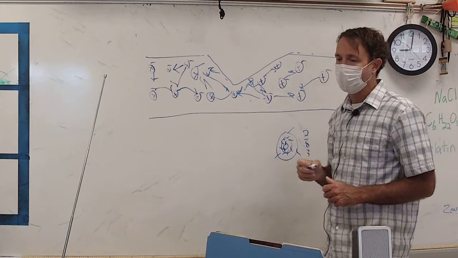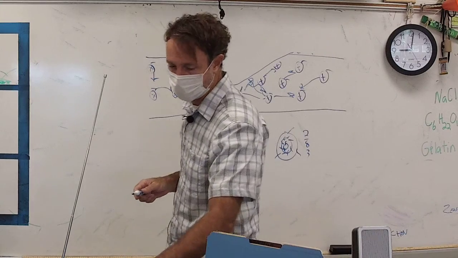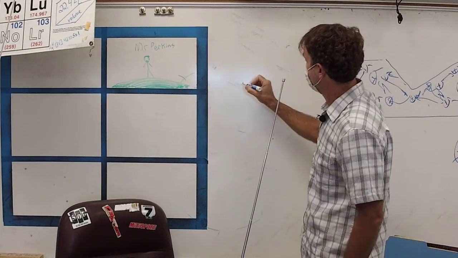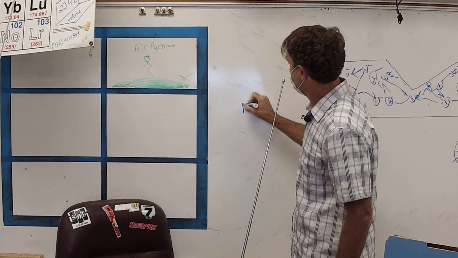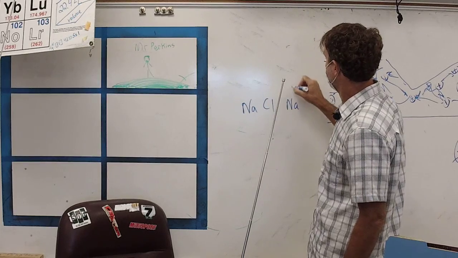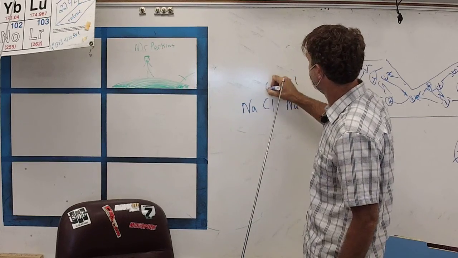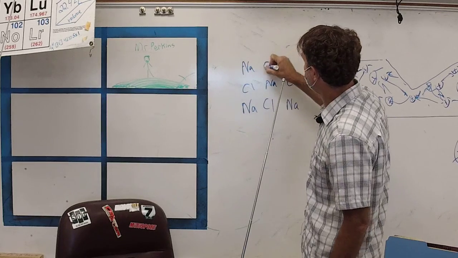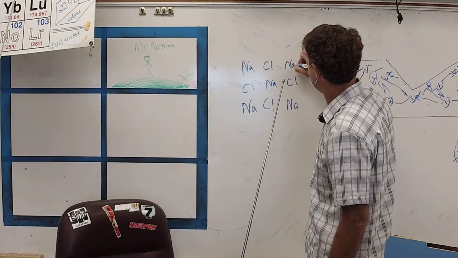Now, if we were talking about a more rigid structure, like, I don't know, this is probably a bad example, but let's say we had a cube of salt, right? Remember we talked about it being like a crystal lattice, correct?